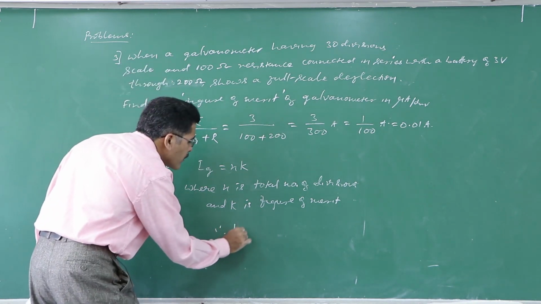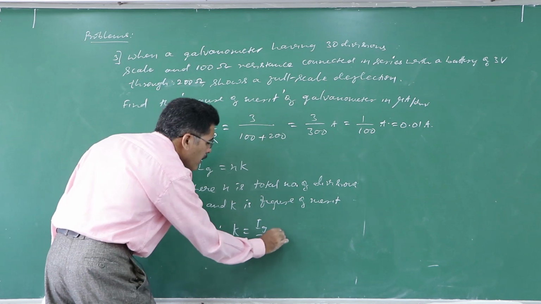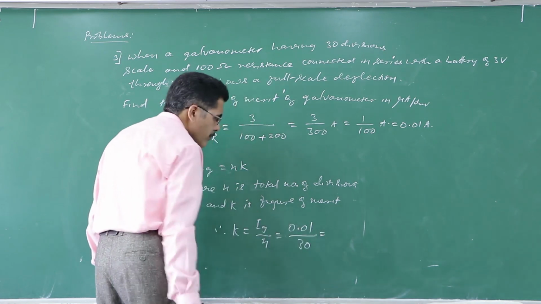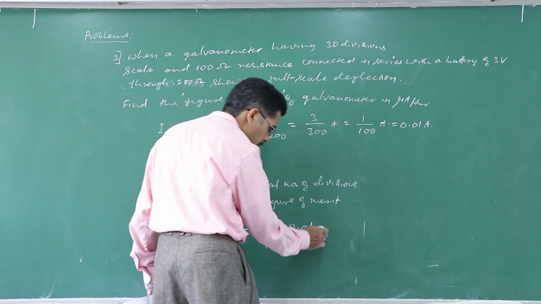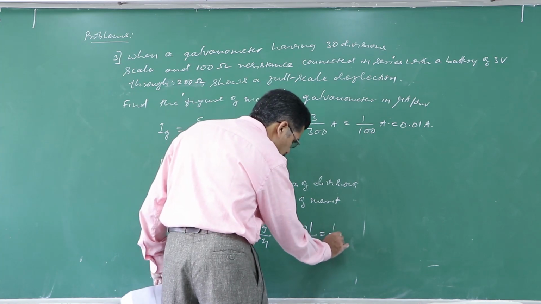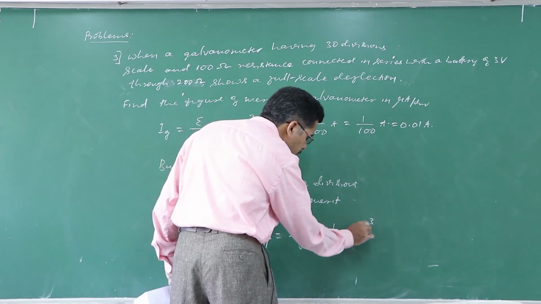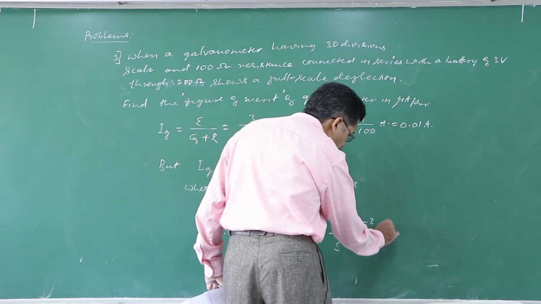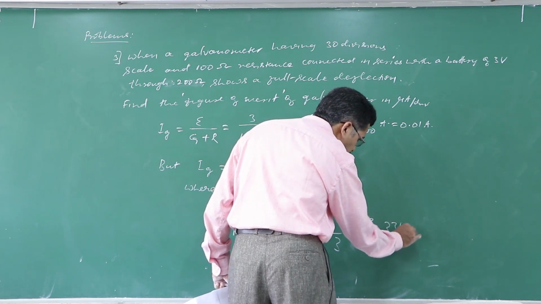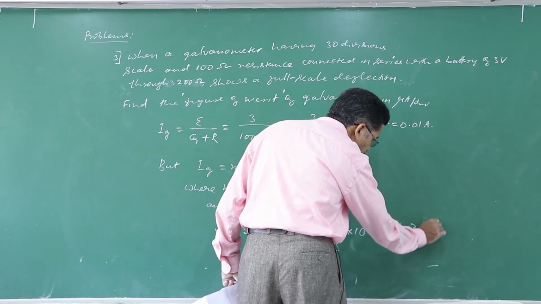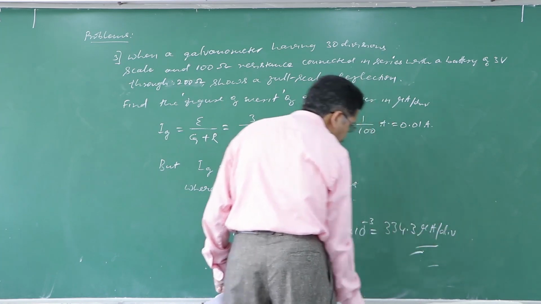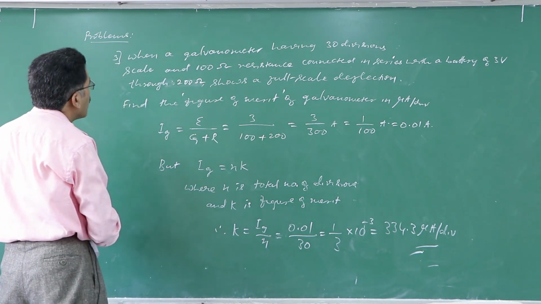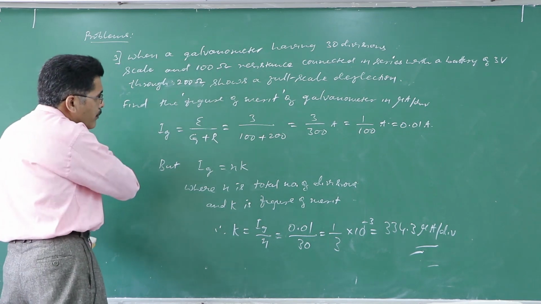Therefore, K is equal to Ig by N. Ig is 0.01 divided by 30. What are you going to get? This is 1 by 3 into 10 raised to minus 3. This can be written as 333.3 microampere per division.